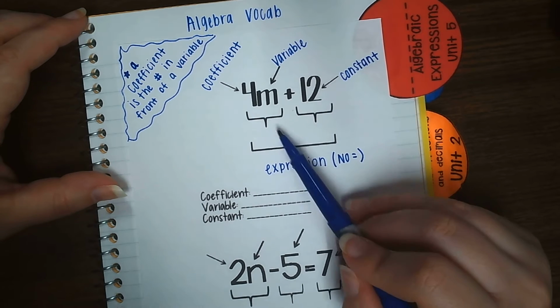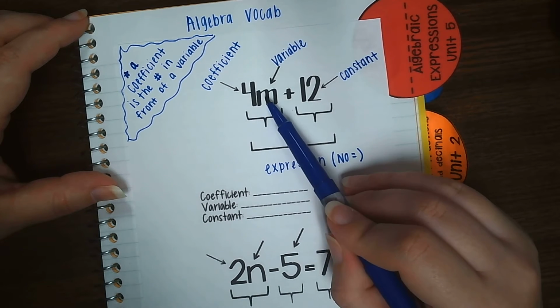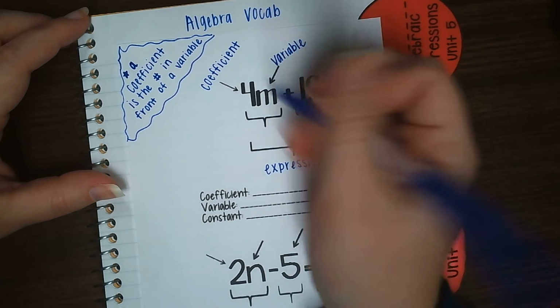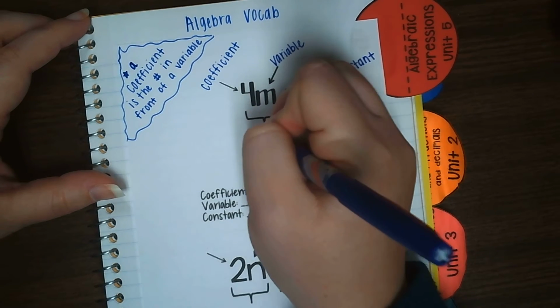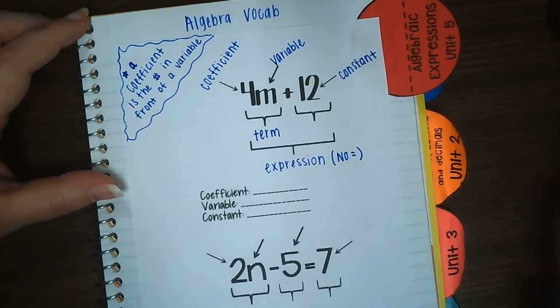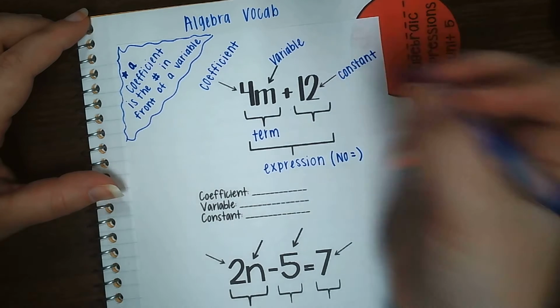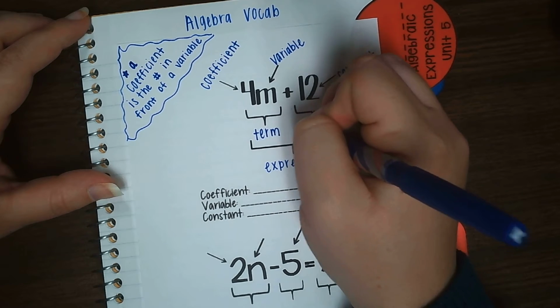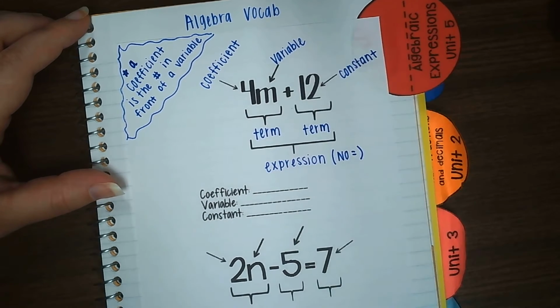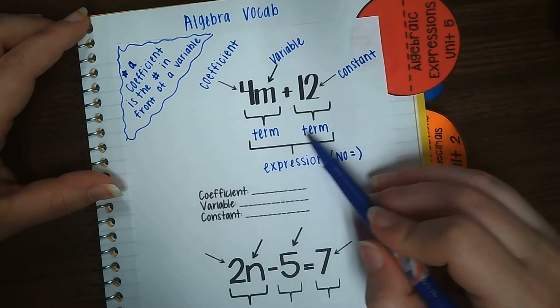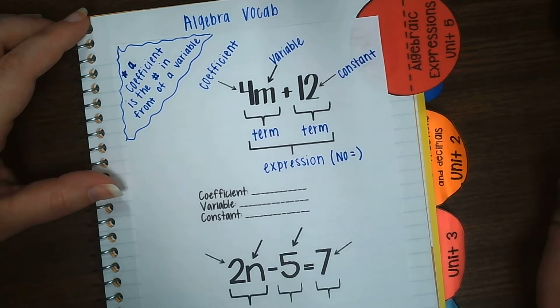Then inside of our expression, we have 4m, which is a coefficient and a variable, and that's called a term. And then 12, our constant, is called a term. There are two terms inside of our expression.